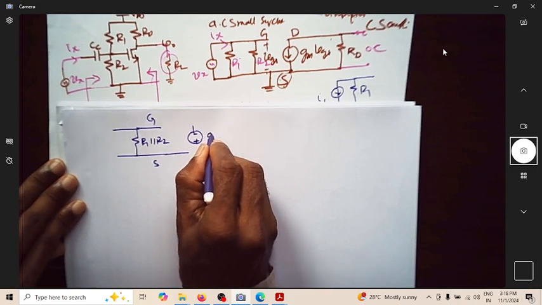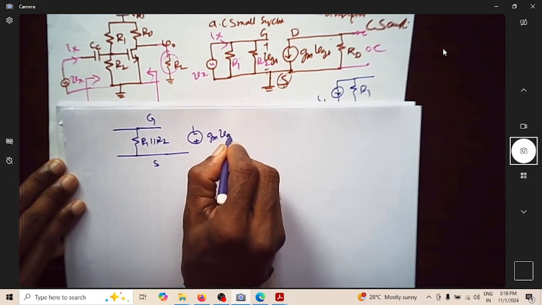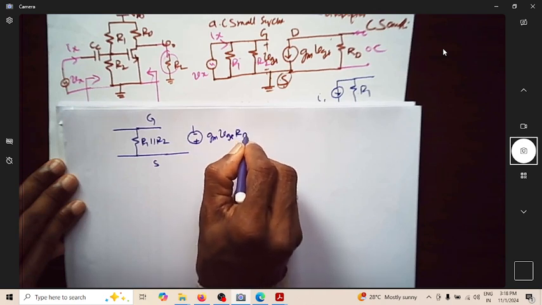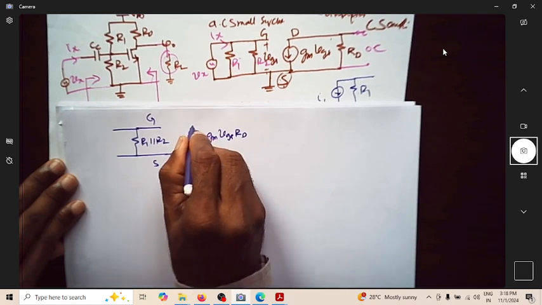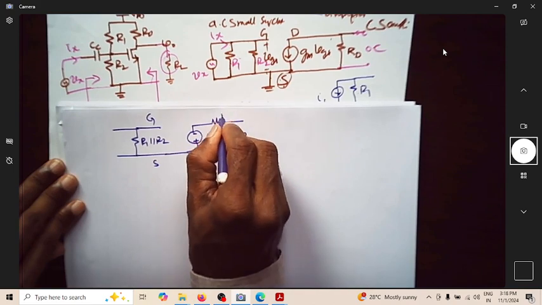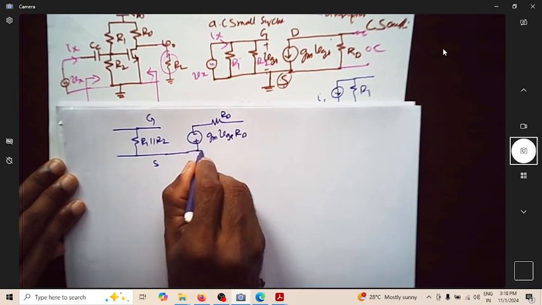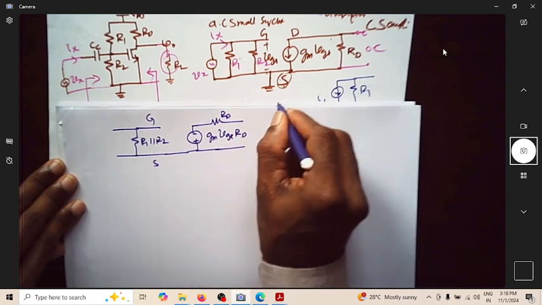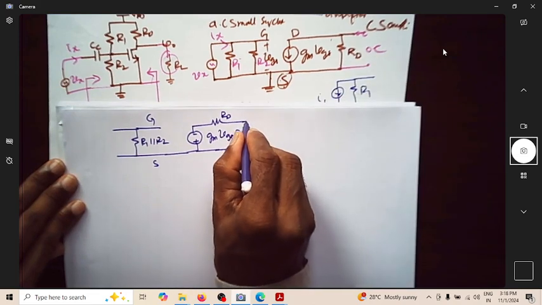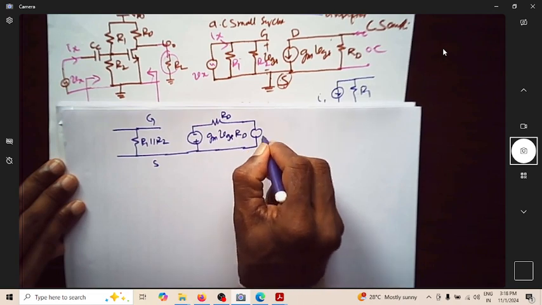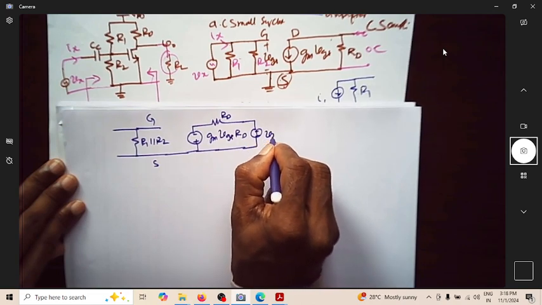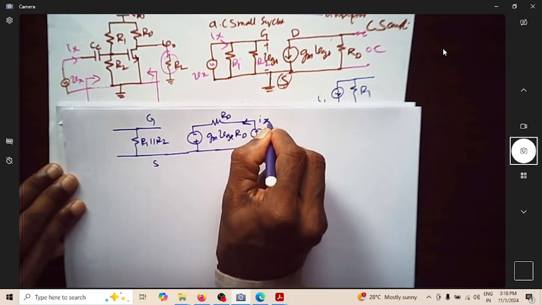This is actually Gm into VGS multiplied by RD, and you have the resistor RD here. So now to this output you are connecting a Vx, and you have to find what is Ix.